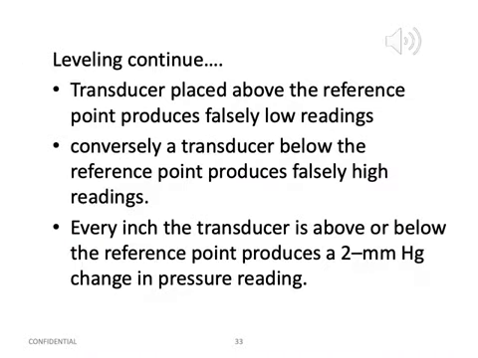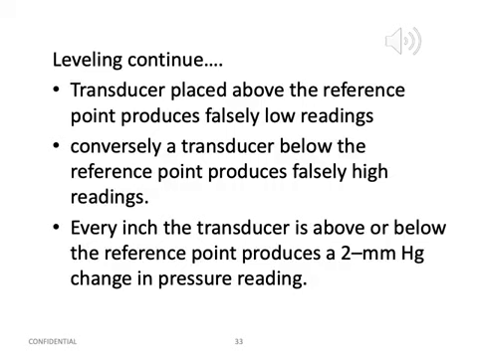هلا again it was found that إنه إذا كان transducer placed above the reference point غالبا it will give you a falsely low reading، وإذا كان transducer placed below الريفرنس point بيعطينا falsely high reading، يعني العكس. تمام. هلا every inch بالtransducer above or below راح يعطيك 2 mmHg change in pressure reading.